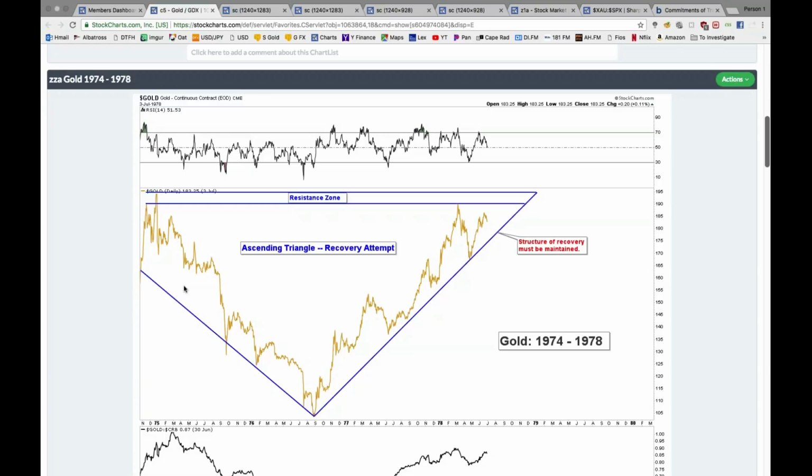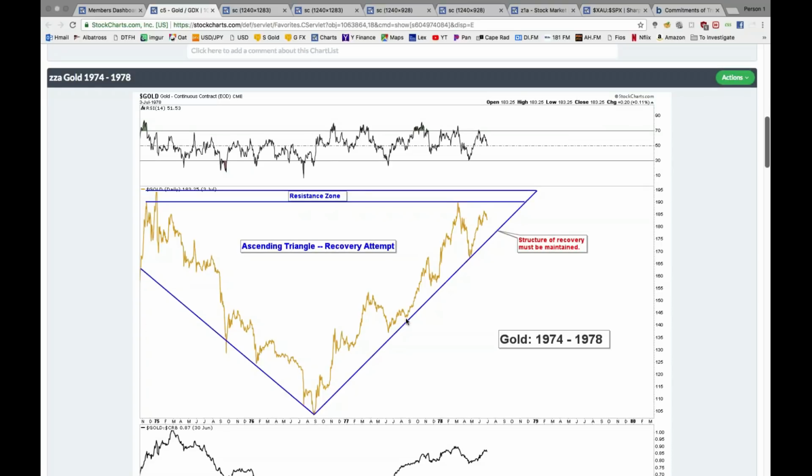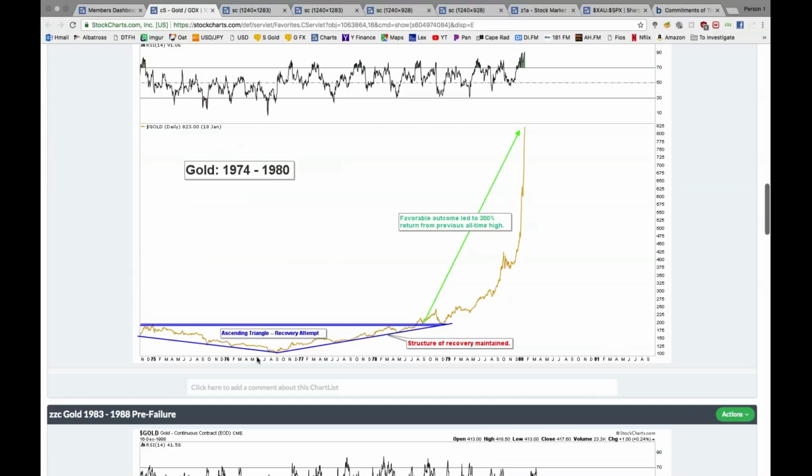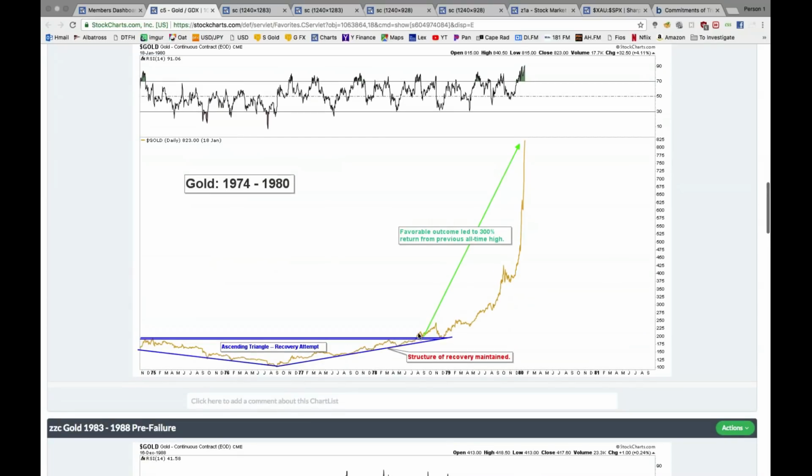And we can see what happens with these recovery attempts from 74 through 78, the 50% decline and 100% recovery. And then when we zoom that out, keeping that y-axis on a linear scale, you can barely see the decline and the recovery when that pressure is built up there in the market. But I'm jumping ahead.